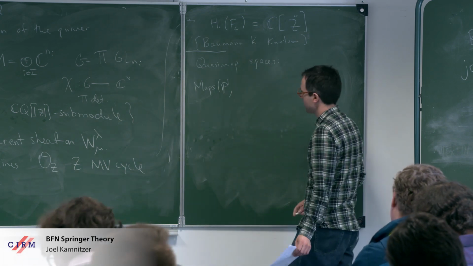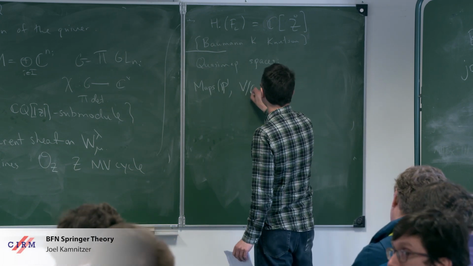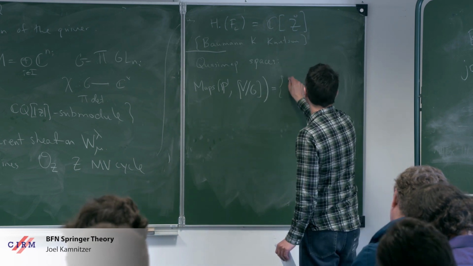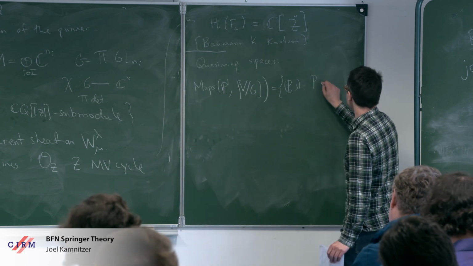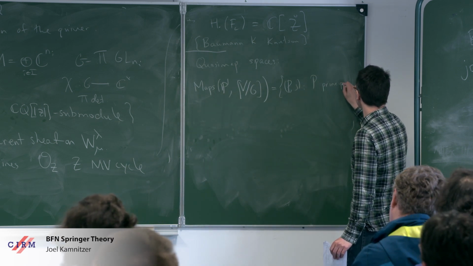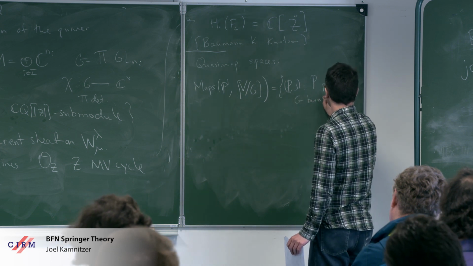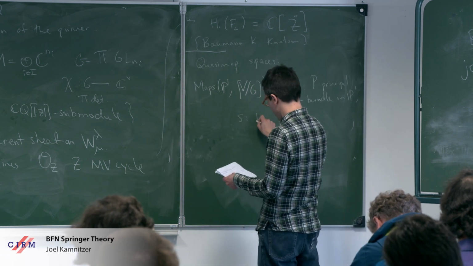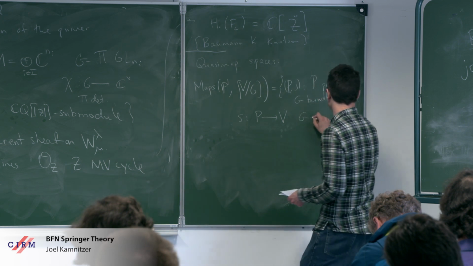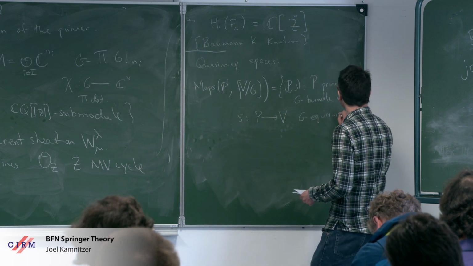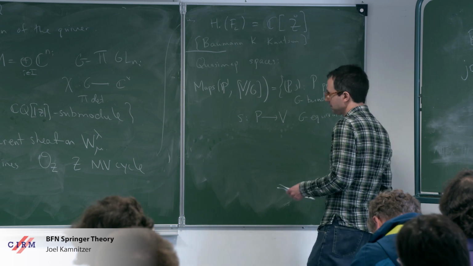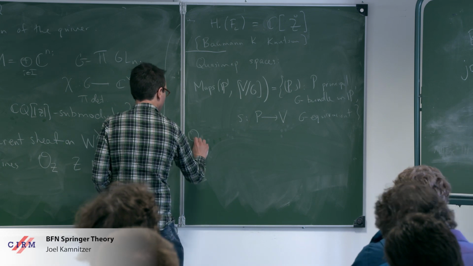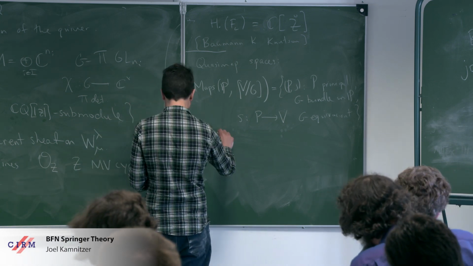Should be okay. So given this G and V we started with, we can consider maps from P1 to the stack quotient V over G. So that's pairs (P, s), where P is a principal G-bundle on P1, and s is a G-equivariant map from P to V. And we can consider what I call quasimaps.